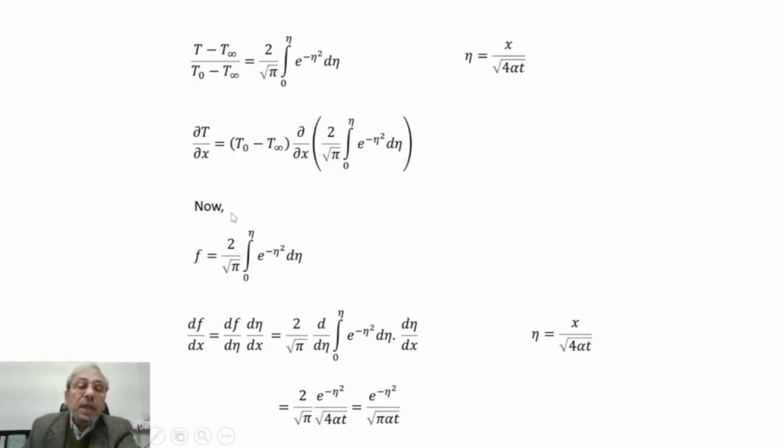Then we can write df/dx equal to df/dη into dη/dx, and we can write this quantity.